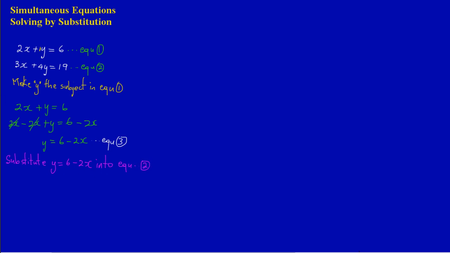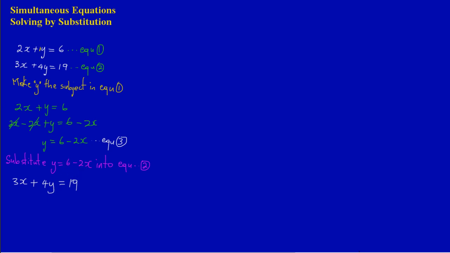Now let's state what equation 2 says. In our equation 2 we have 3x plus 4y, and that is equal to 19. Now if y is 6 minus 2x, then anywhere in this equation I see y, I can replace it with 6 minus 2x.